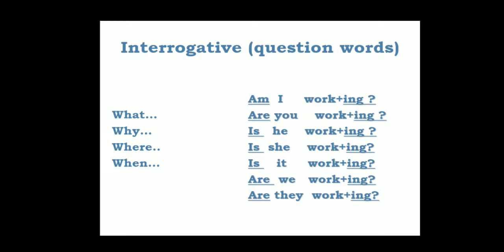So the rule is question word, for example, what, why, where, when, etc., plus am or are or is, plus subject, plus verb, plus ing. What am I working? What are you working? Why is he working?